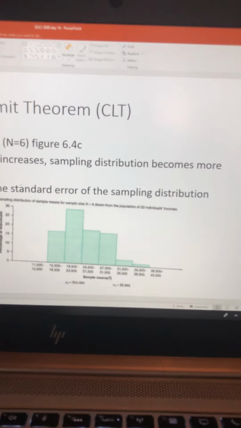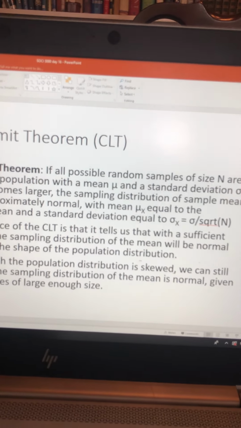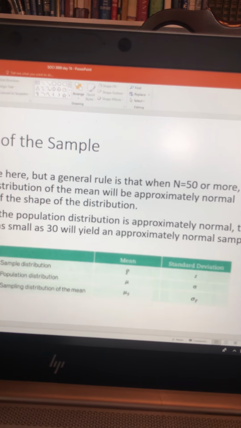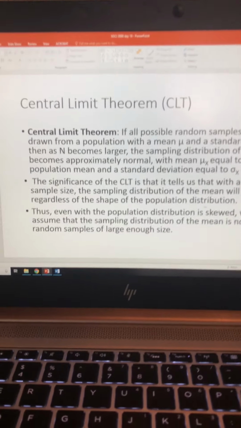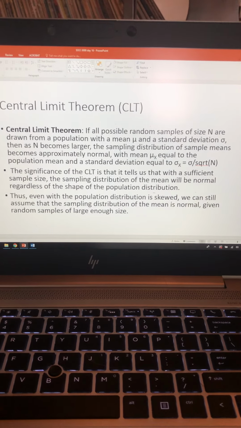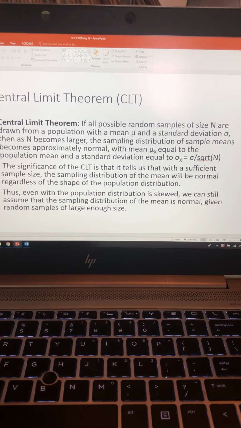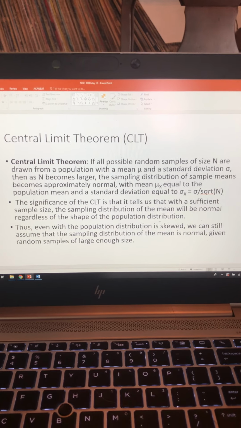Okay. What this all leads to is the reason we can do inferential statistics is because of what's known as the central limit theorem. So let's read through this and work through it logically.